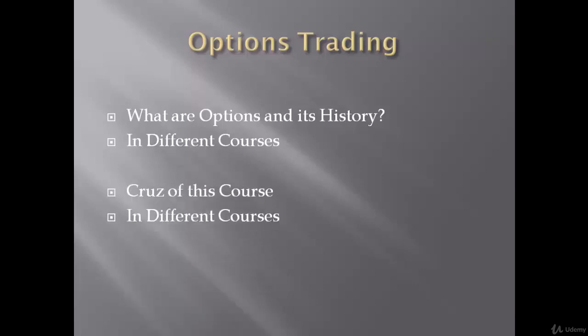Then we discussed the crux of this course. In the first part, we discussed how you can use put options. That is, you are thinking of purchasing a share, so you can float a put option, and that will be basically saying that I will buy this share at the end of, let's say, 2 months at the rate that is today.